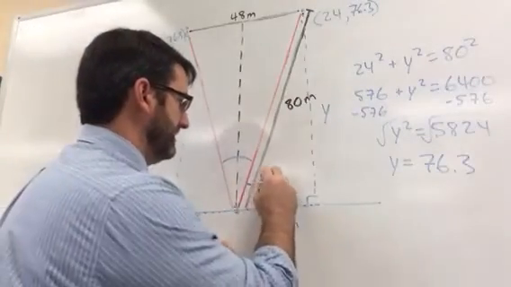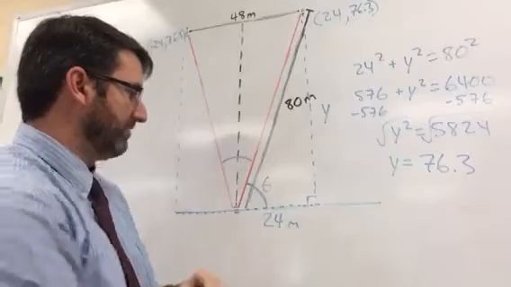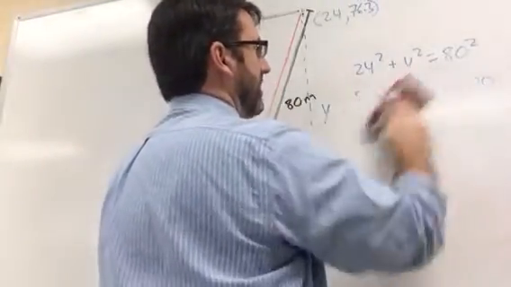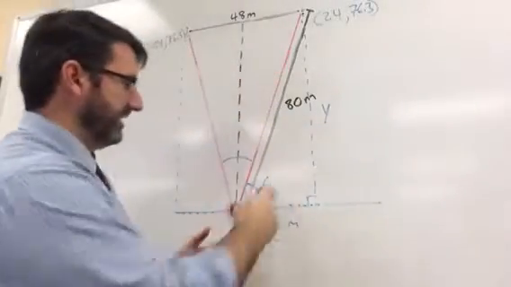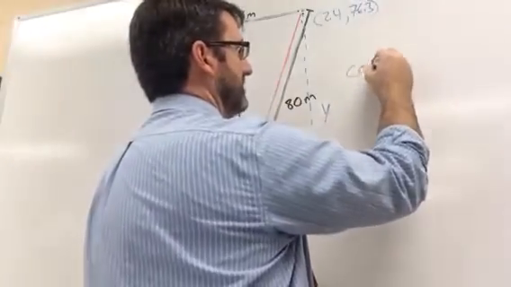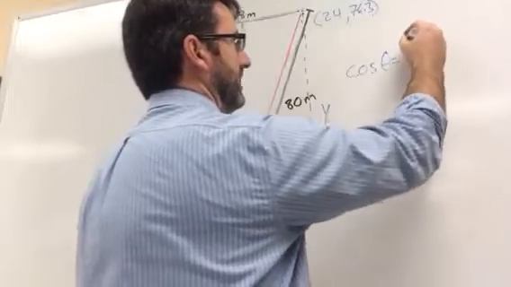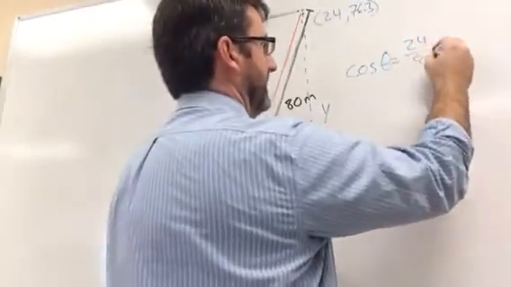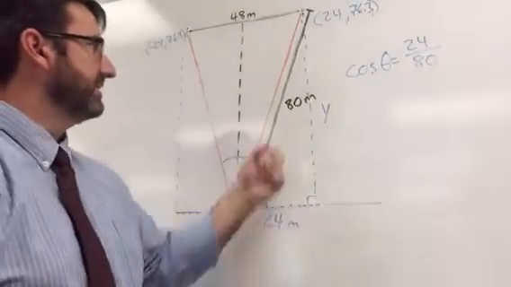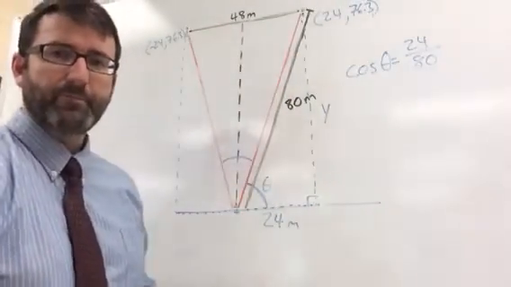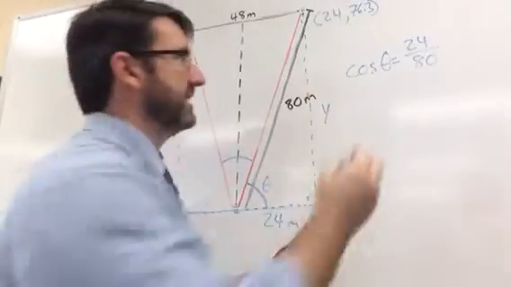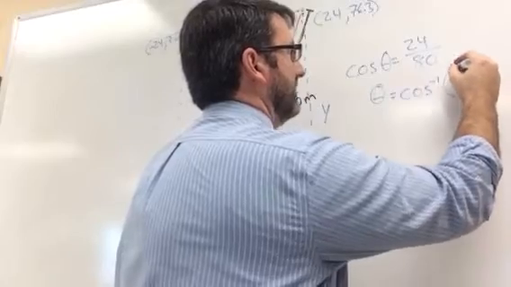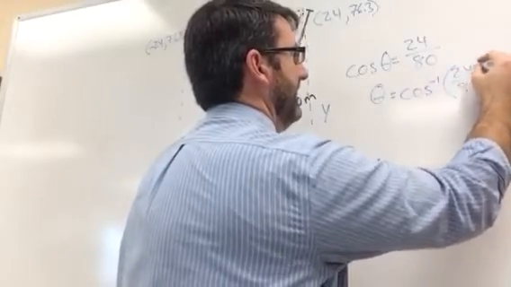And since, let's call this angle theta, we know, since we know the adjacent side, we know the hypotenuse, let's use cosine to find this angle. So we've got the cosine of theta is equal to 24 over 80. So the adjacent over the hypotenuse. Now we can take the inverse cosine of both sides. We get theta equals the inverse cosine of 24 over 80.